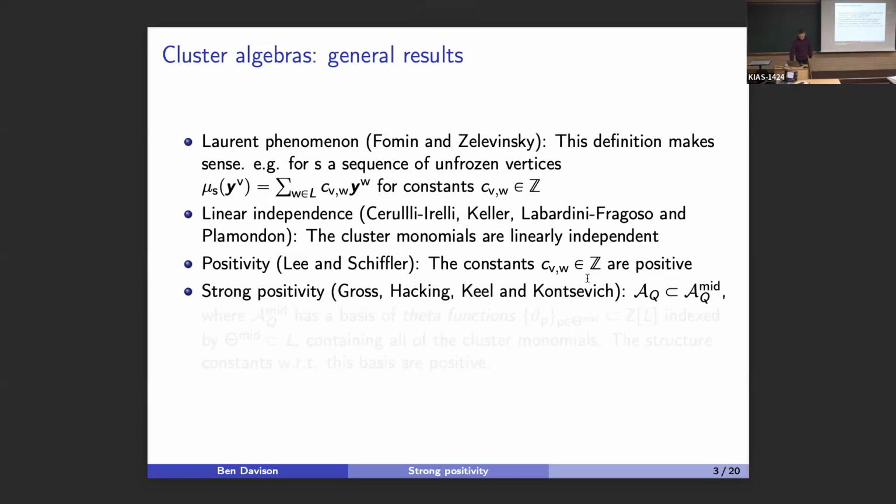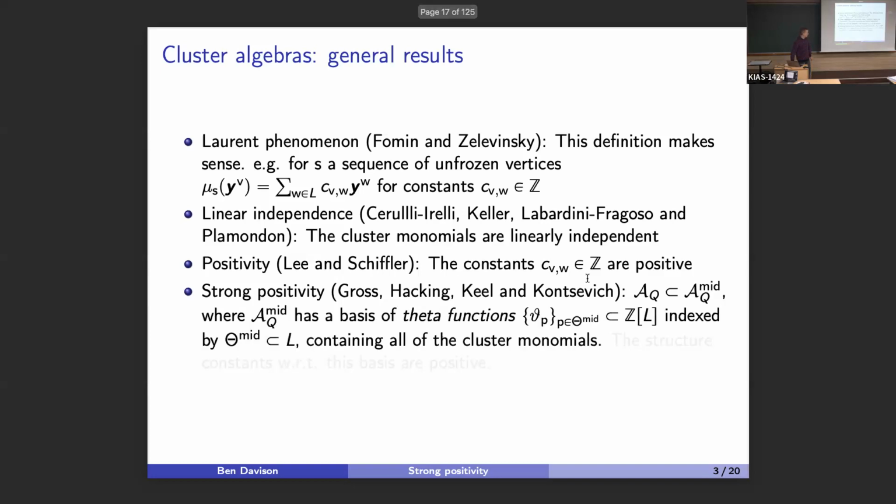Gross, Hacking, Keel and Kontsevich proved the following: that the cluster algebra A_Q, defined on the previous slide, is a subalgebra of some naturally defined, possibly bigger, though sometimes not bigger, algebra called the middle cluster algebra, where this cluster algebra has a basis of things called theta functions, which are defined using techniques that we'll see later in the talk that come from the study of mirror symmetry, especially in the program initiated by Gross and Hacking and also studied by Keel and Kontsevich.